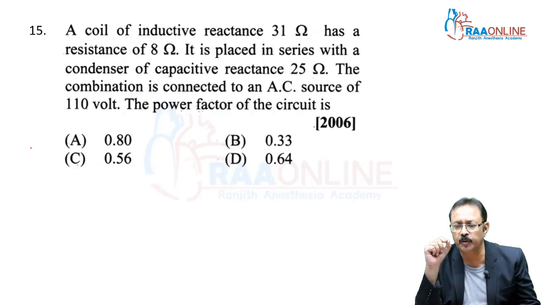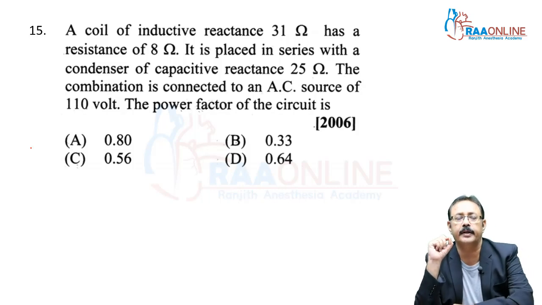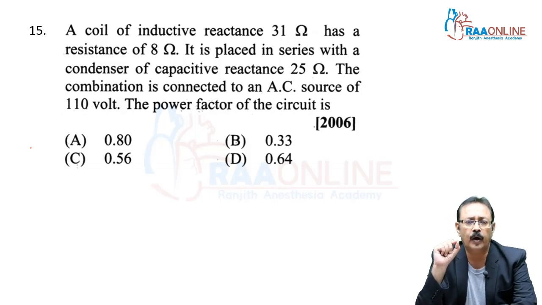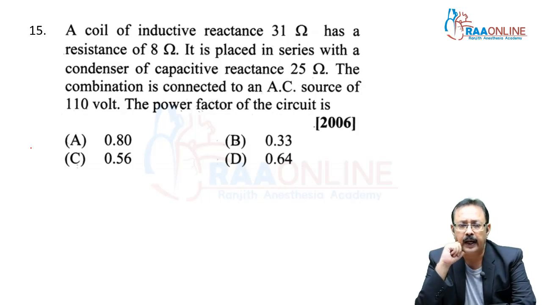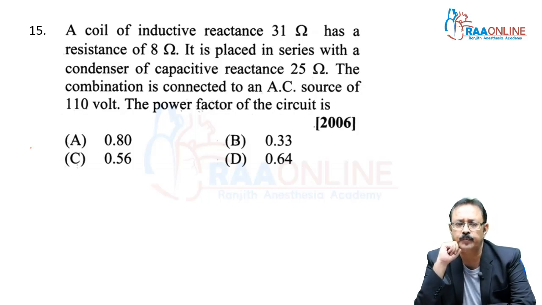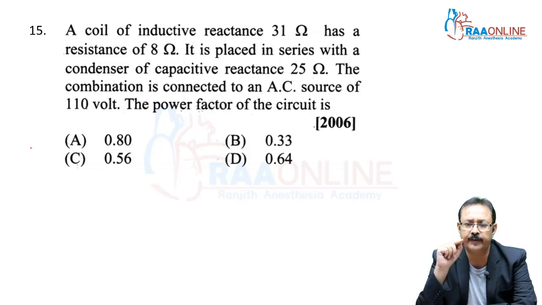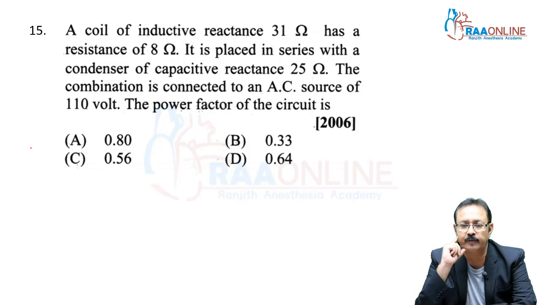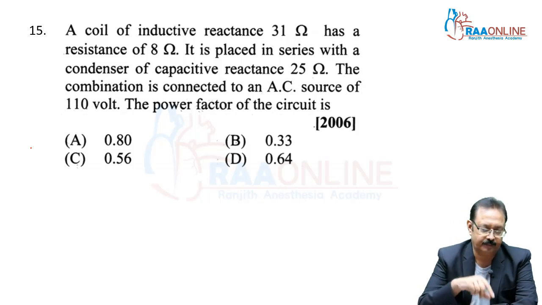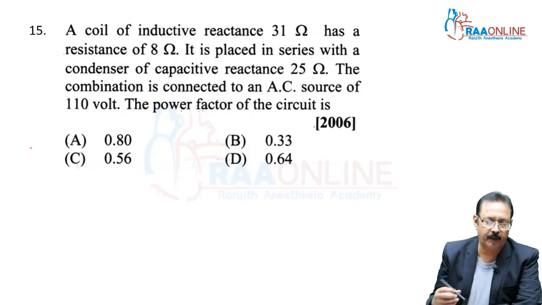15th, it is from 2006 AIPMT. A coil of inductive reactance 31 ohm has a resistance of 8 ohm. It is placed in series with a condenser of capacitive reactance 25 ohm. The combination is connected to an AC source of 110 volt. The power factor of the circuit is. What is the formula for power factor?